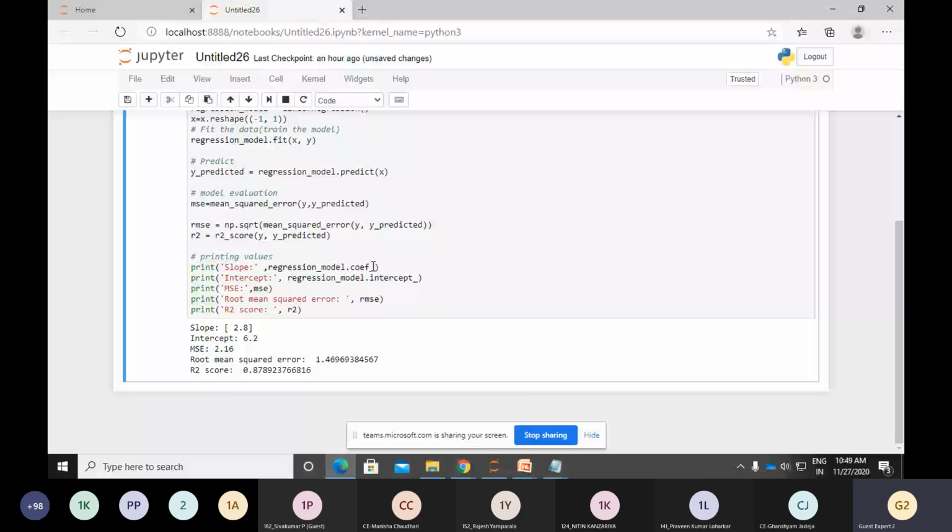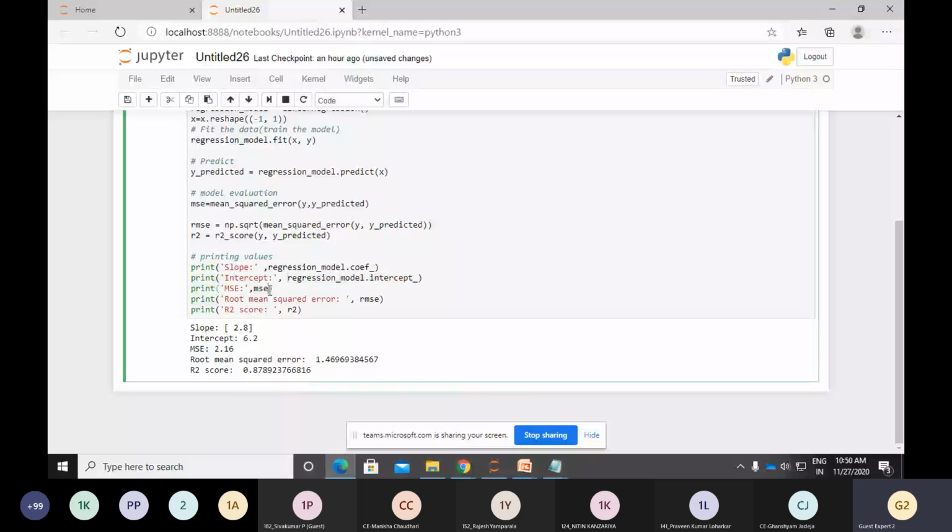Intercept is theta 0. Coefficient is theta 1. If you print regression model dot coef underscore, that will give the value of slope, that is theta 1. For theta 0 you have to use regression model dot intercept, so that will give 6.2, which we have already calculated in our algorithm also.